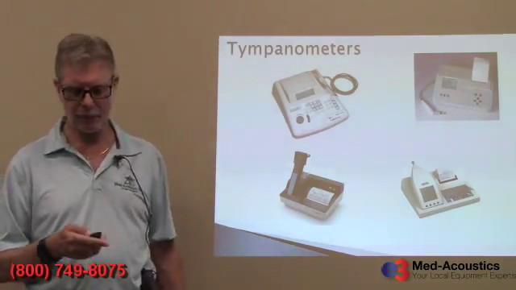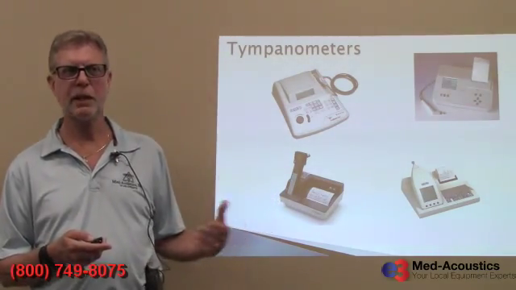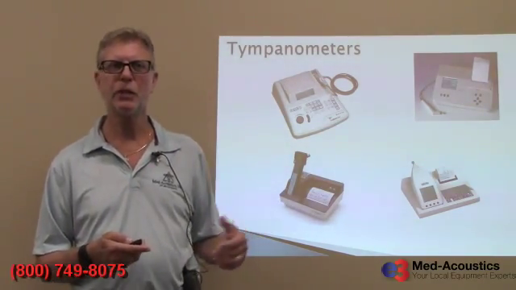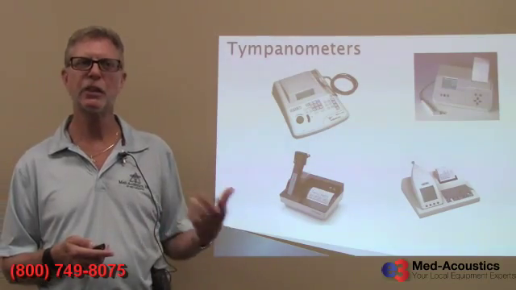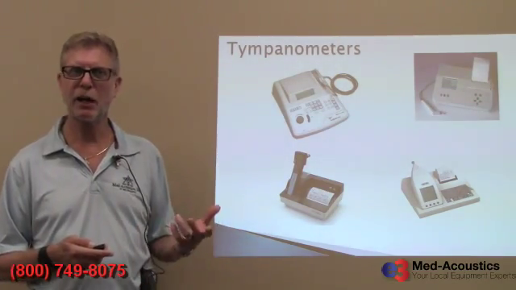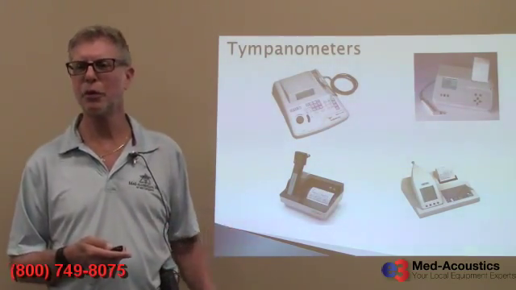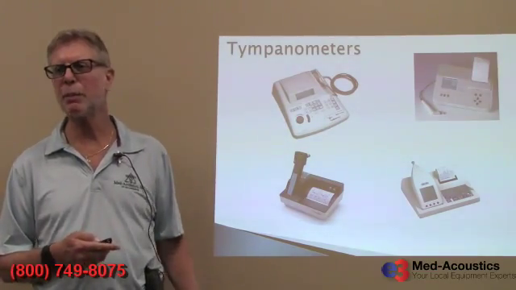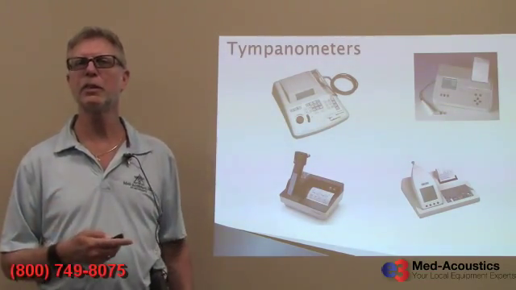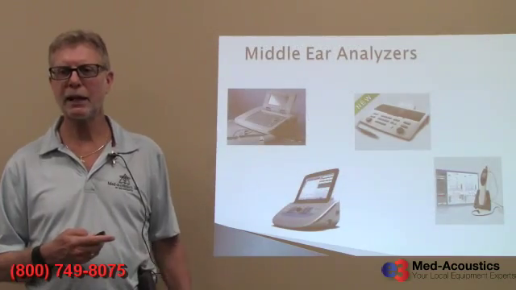So you find these everywhere, from school systems to private practicing audiologists, pediatricians, general practices, and ear, nose, and throat practices. A step above these tympanometers are middle ear analyzers.